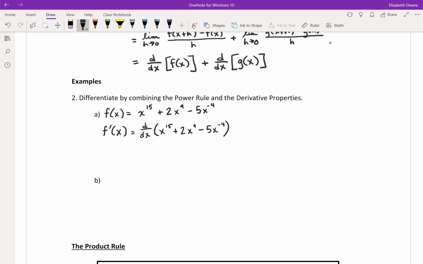And then that'll really let us see that we can use the sum and difference properties to split this up into the derivative of x to the 15th, plus the derivative of 2x to the 9th, minus the derivative of 5x to the negative 4th.